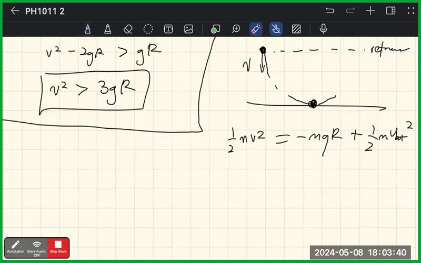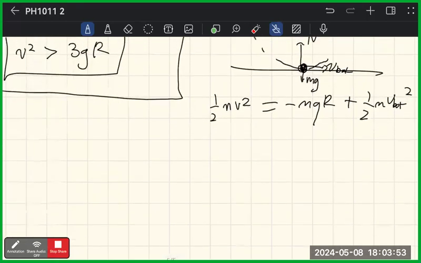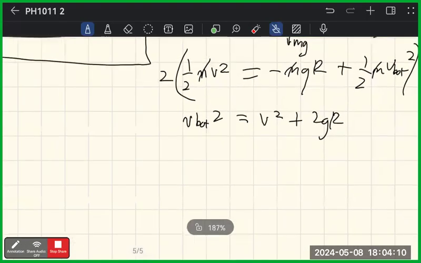I'll say that v here is v bottom. So we can cancel out the m and multiply by 2. v bottom squared is going to be v squared added by 2gr. If you continue the math here, it will give this.